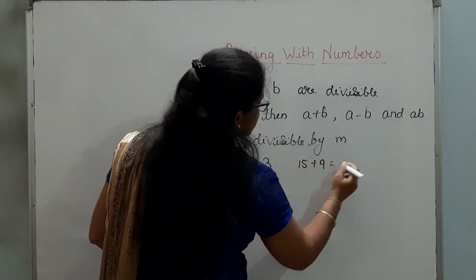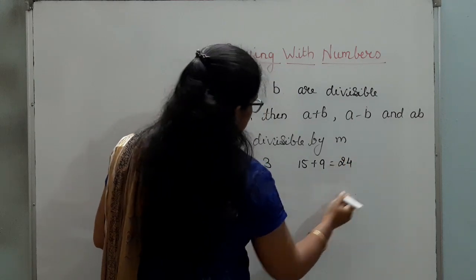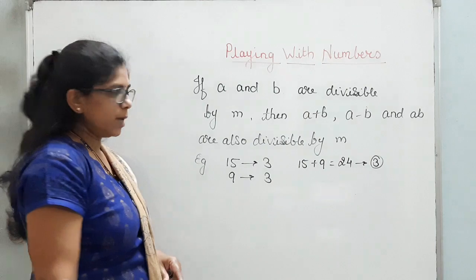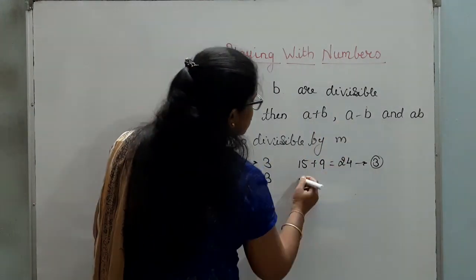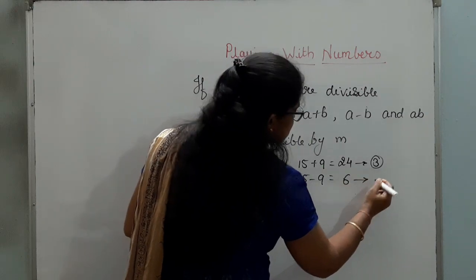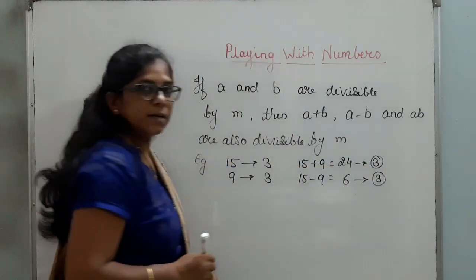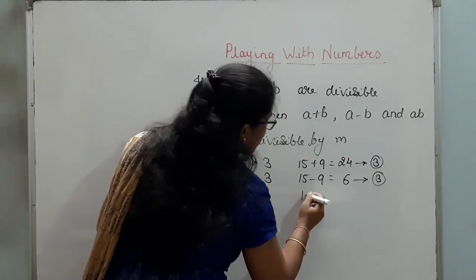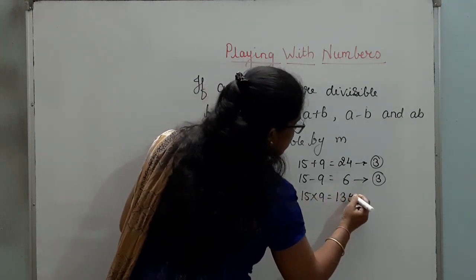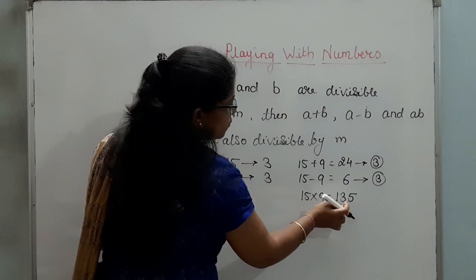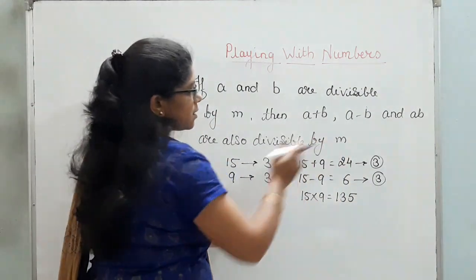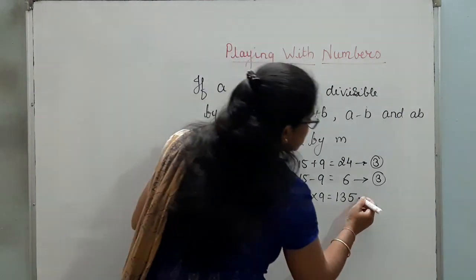15 plus 9 is 24. So 24 is divisible by 3. A minus B, 15 minus 9, is 6. Yes, even this is divisible by 3. And AB, that means 15 into 9, is 135. 1 plus 3 is 4, 4 plus 5 is 9. The sum of the digits is divisible by 3, that means the complete number is divisible by 3.